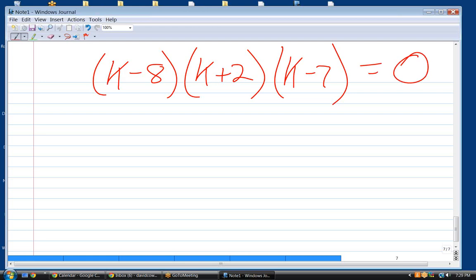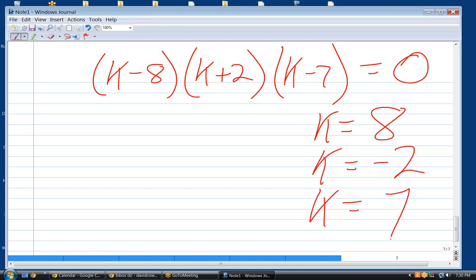If I multiply three things together and they equal 0, what has to be true? One of those is equal 0. Okay, and we don't know which one, so we're going to let all three of them equal 0 and come up with a solution. Three solutions. Okay. So what's my first solution? Sorry, k equals 8. My second solution? K equals negative 2. And my third solution?